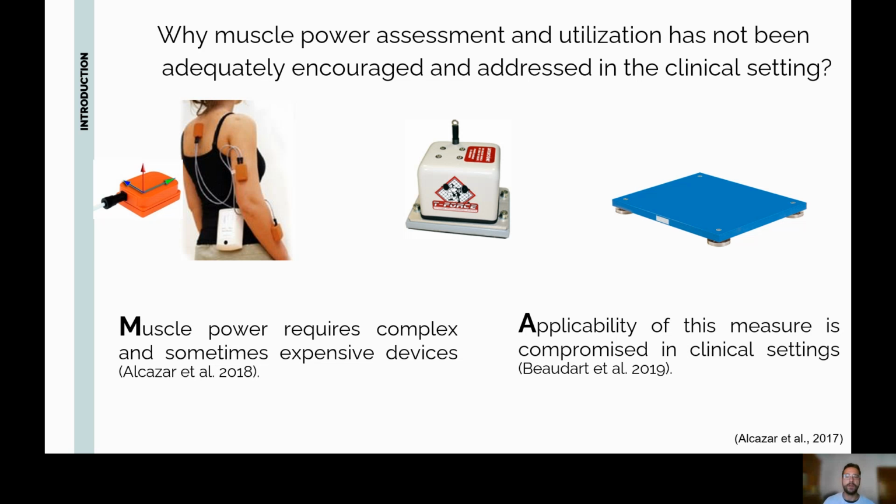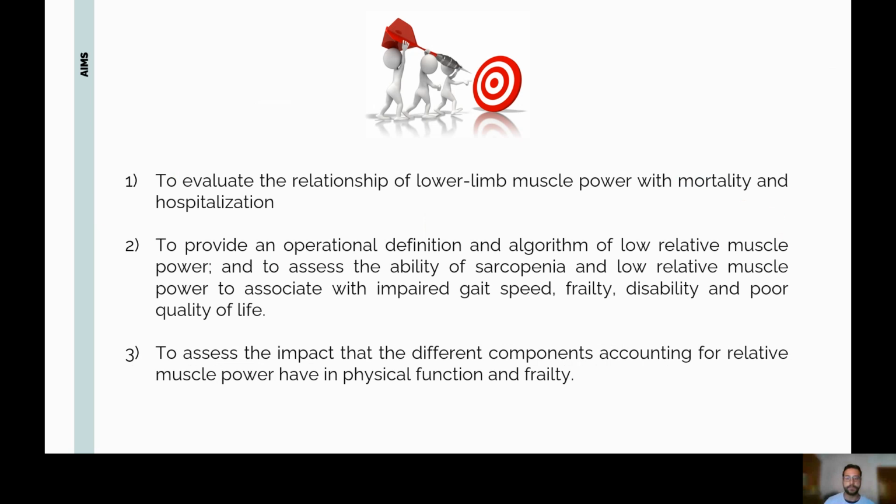So these are the gold standards to measure muscle power. These devices also require data analysis, are expensive, and cannot be moved from one place to another. So it's difficult to measure muscle power in the clinical setting, and its applicability has been compromised in these settings.